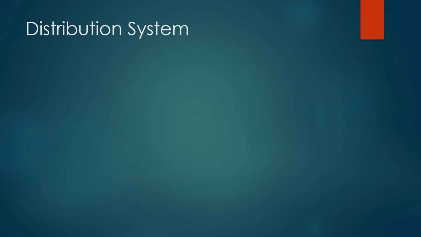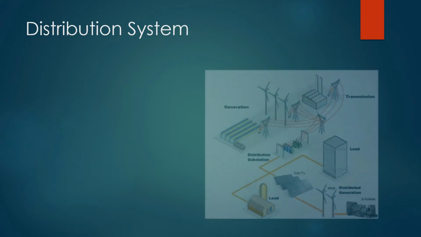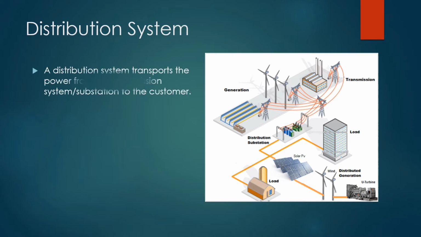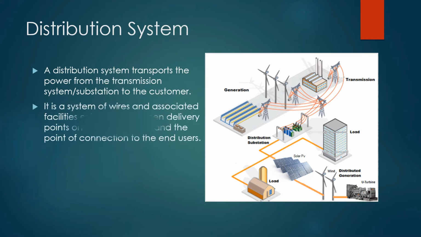So let us define what a distribution system is. With me here is a diagram of an example of a distribution system. As you look at the diagram, you'll notice that a distribution system transports the power from the transmission system or the substation to the customer. So as you can see here, we have a distribution substation and then we have the loads.